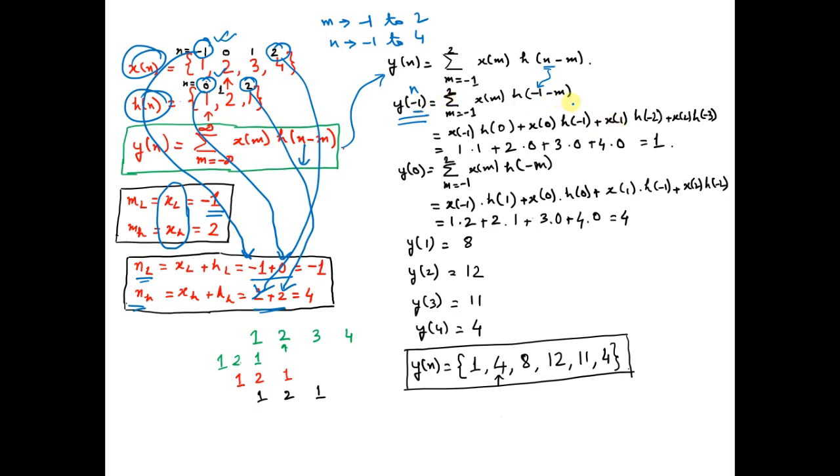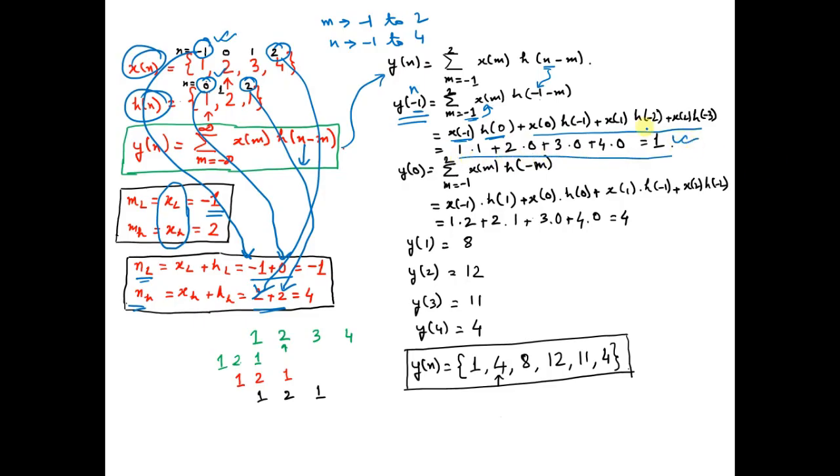Now just expand this: x of -1, because m is -1, multiplied by h of -1 minus of -1, that is h of 0. Again you open up all these things, so you get this value.